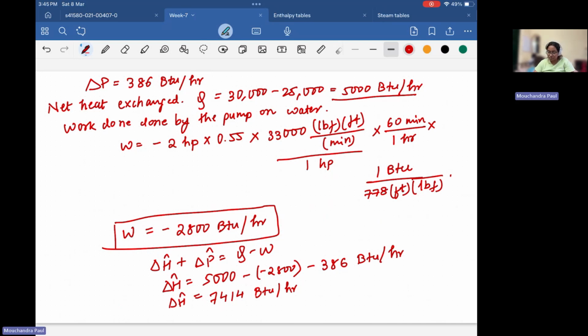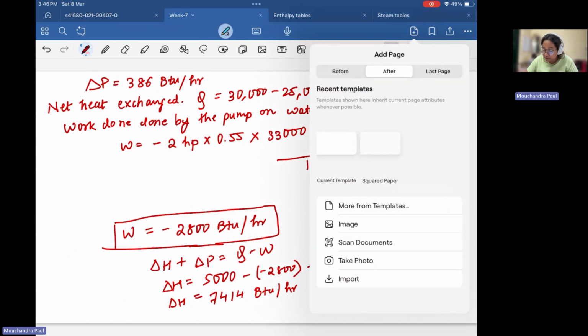Alright. Here we won't use the term hat because the units are not per unit mass. Yeah, this is correct. This is your net change in enthalpy.